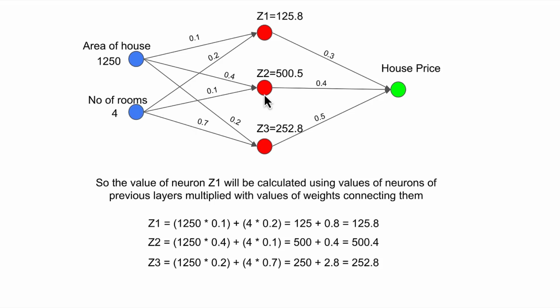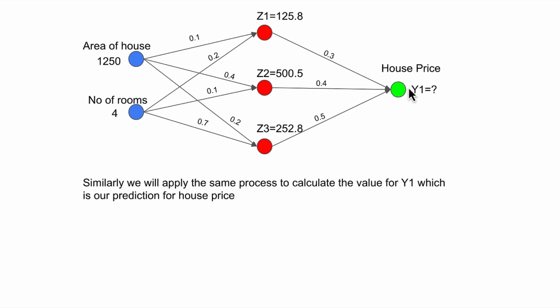And now after finding these values for Z1, Z2 and Z3, the next step is finding the value for this green neuron, or the neuron of our output layer. So let's name this neuron Y1. To calculate the value for this Y1, we are going to use the same procedure. We are going to take the value of neuron connected with this Y1 and multiply it with the weight connecting them.